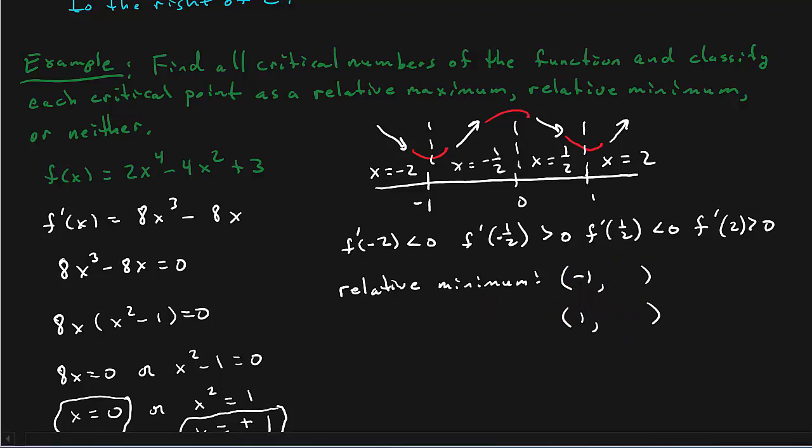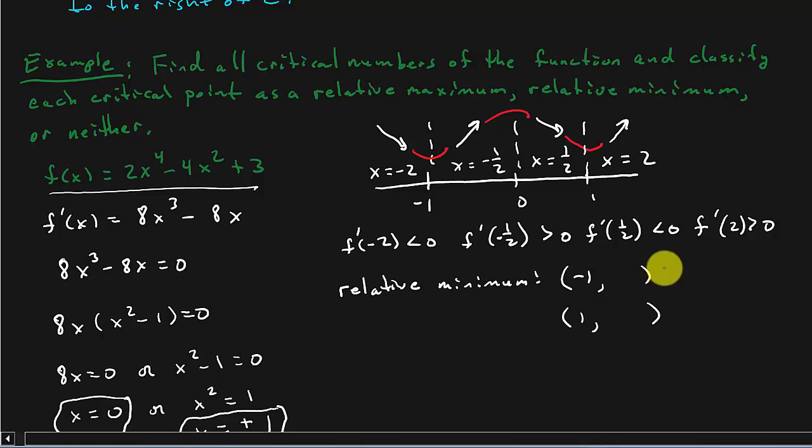I need the y coordinates, right? So how in the world do I find the y coordinates? Well, you take the x coordinates and plug them into the original function. f of x is the same thing as y. You did this all in algebra. If you have an x coordinate, how do you get the y coordinate? You plug it into the function.